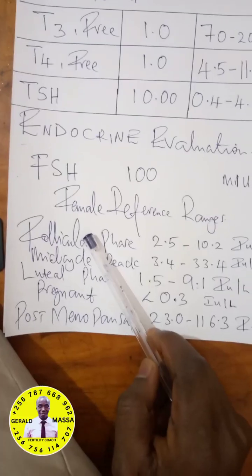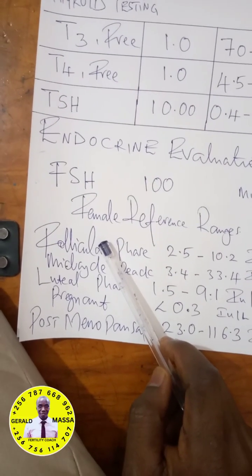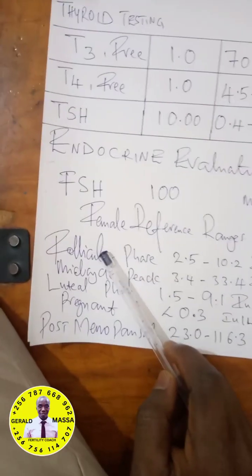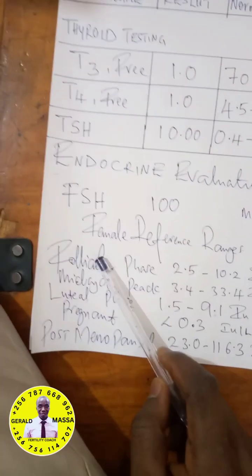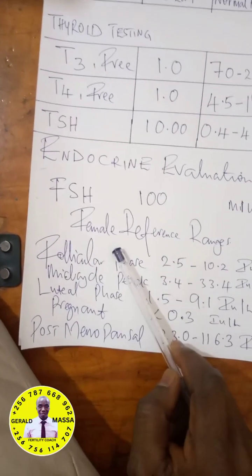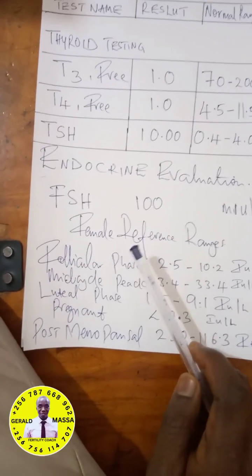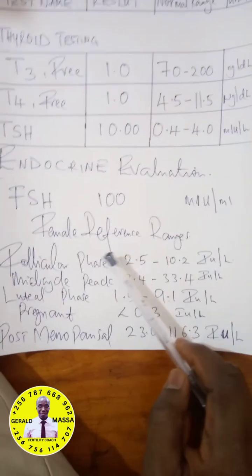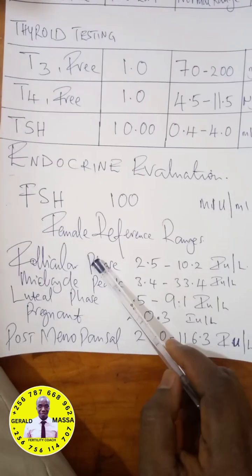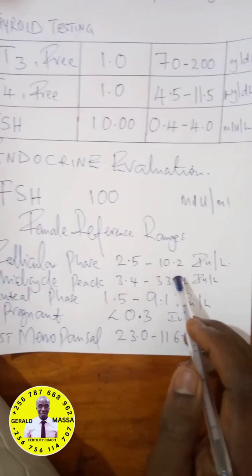If you have just finished your periods today, those 4 to 5 days from the first day you saw your periods to when you have actually just finished. Basically, you are in your periods, plus those first 7 days, other countries could say the days of the periods plus the next at least 5 days. We call this the follicular phase, immediately after periods. The normal is supposed to be 2.5 up to 10.0.